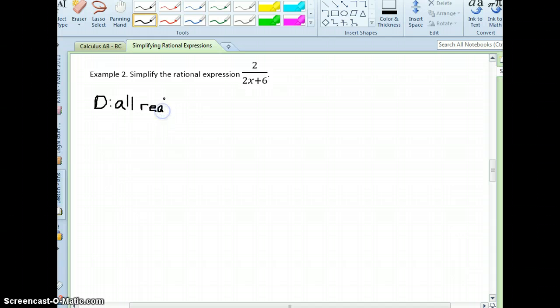Remember, this stands for all real numbers. I'm just abbreviating it because it takes me so long to write on here. And then I put a comma, and here's where I list the values that x cannot equal. Now let's go find them. I look specifically at the polynomial in the denominator, and I'm going to let that equal 0 and find out those exclusion values.